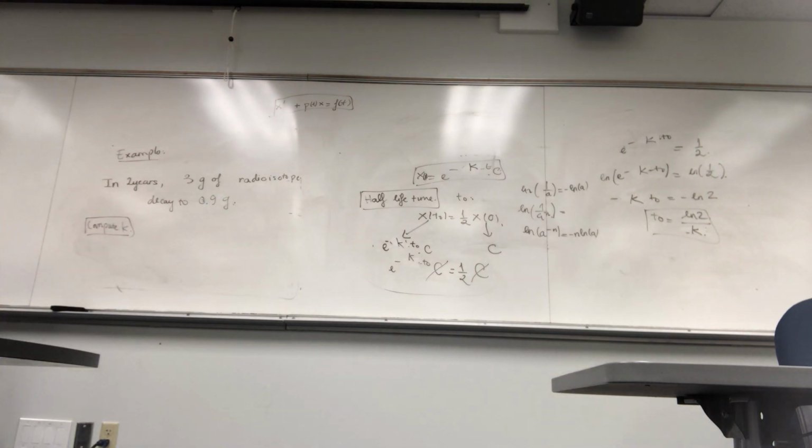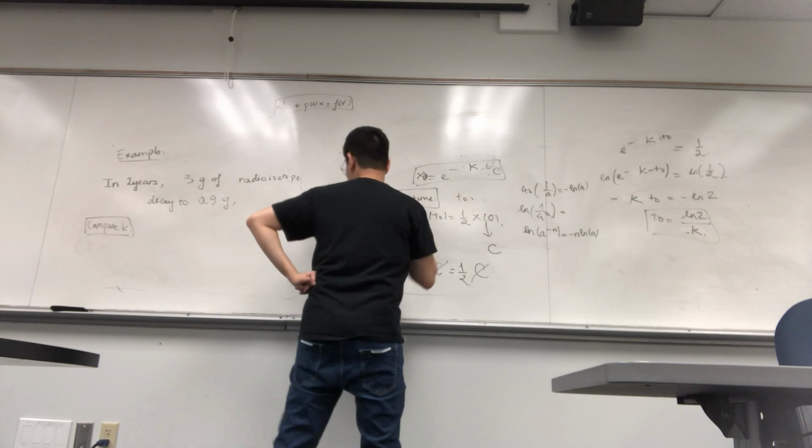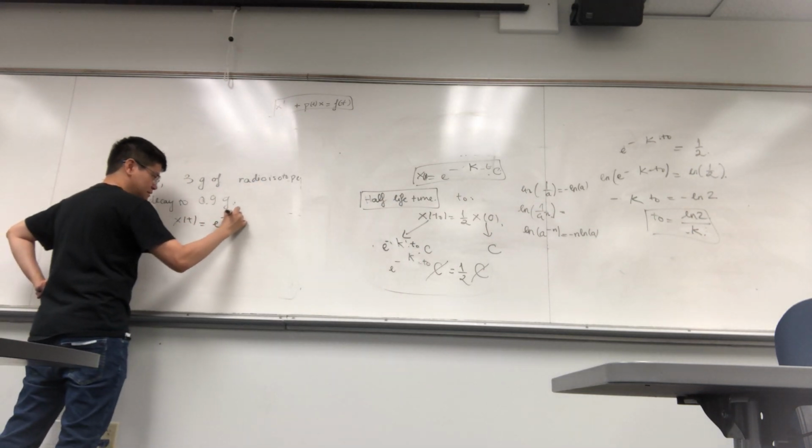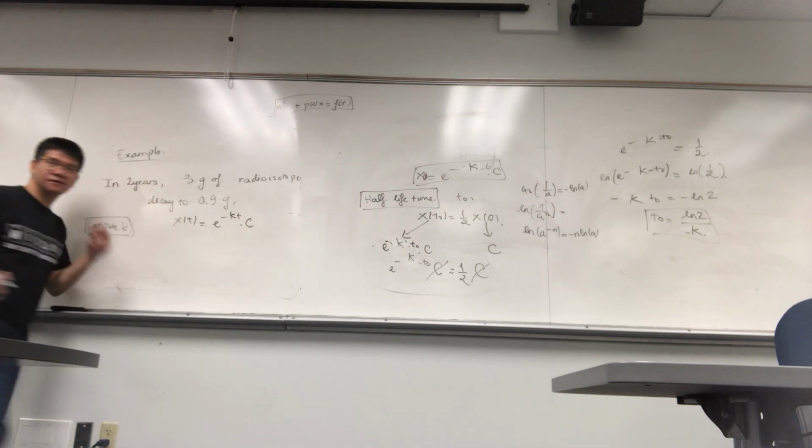So how can I compute k? Which formula do I have to use? I'm going to use this formula: x(t) will be e to the minus kt times c.